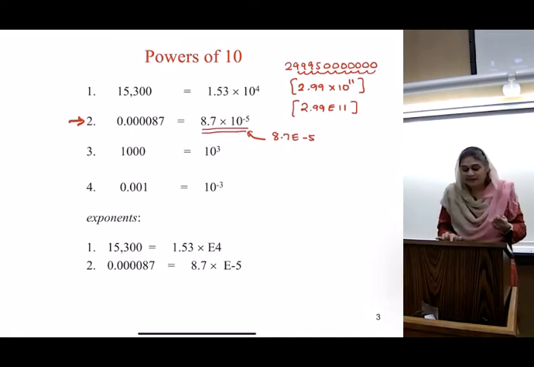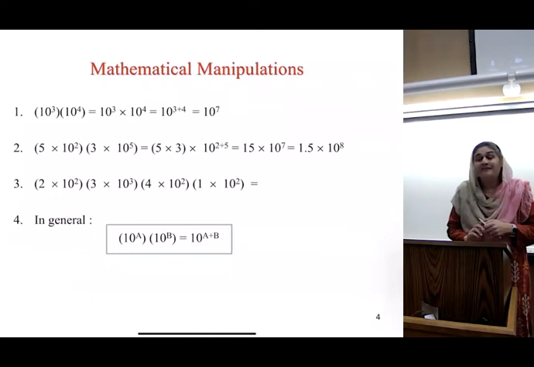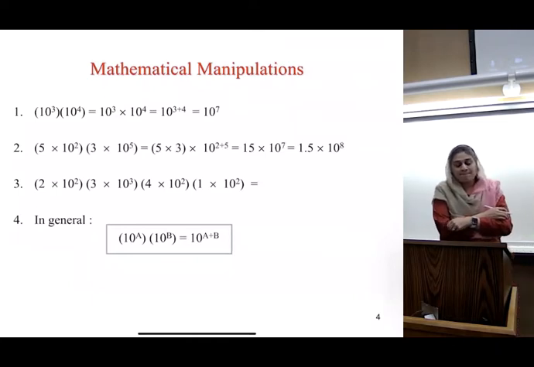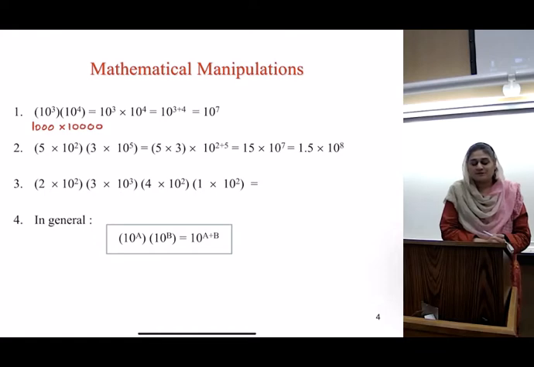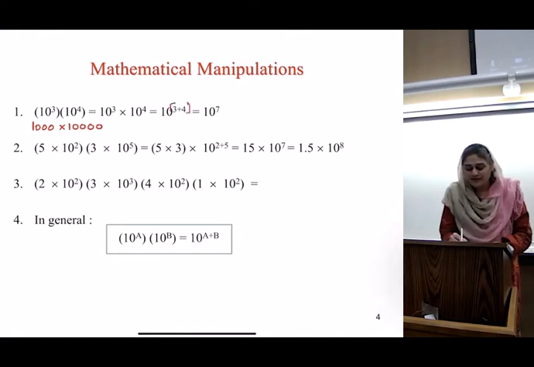So in order to make life easier even more, instead of multiplying this number, which is actually 1,000 times 10,000, what we do is we add the exponents.